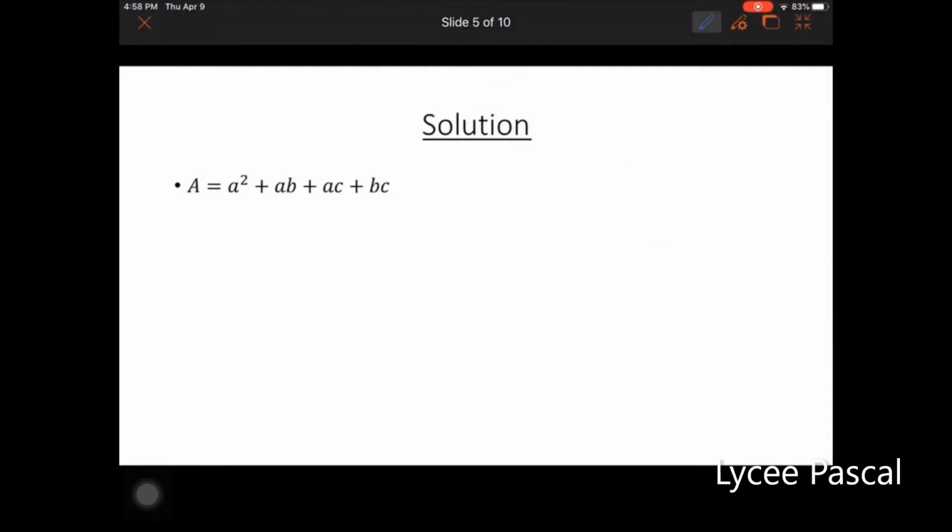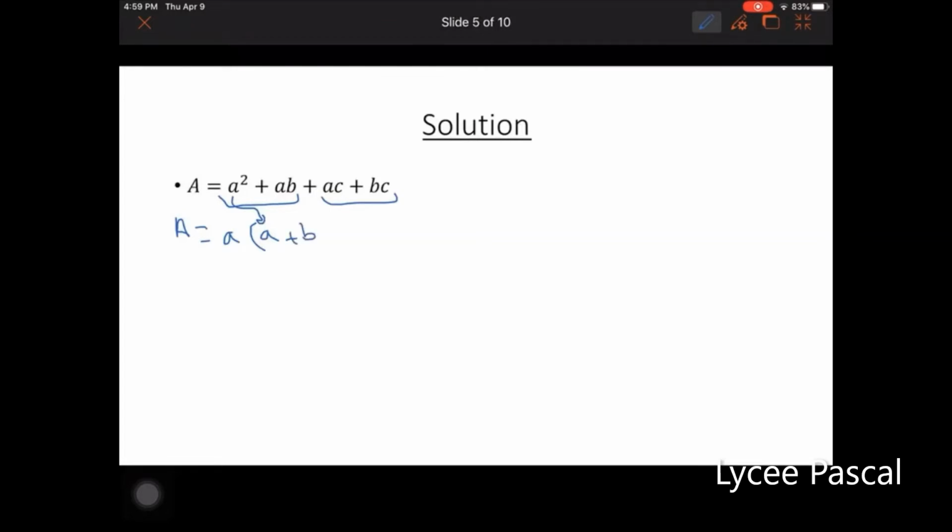So we take this group and this group. Between a squared and ab we have a common factor a. We take the common member with the less power. So the remainder is a here, and from the other is b, plus.